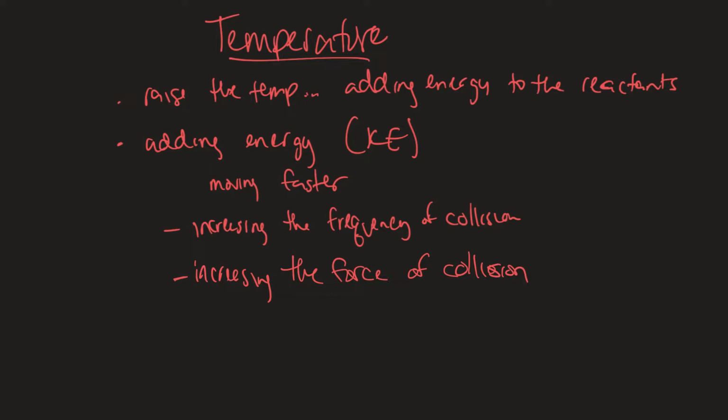Due to this, it's much more likely that they will overcome the activation energy barrier. Now, the important point here is that the amount of activation energy doesn't change due to temperature. You just make it easier for the reactants to reach the activation energy.